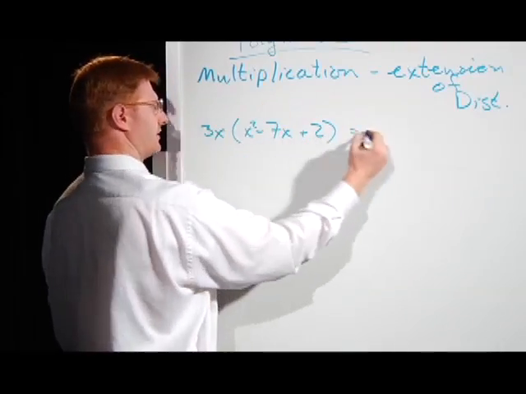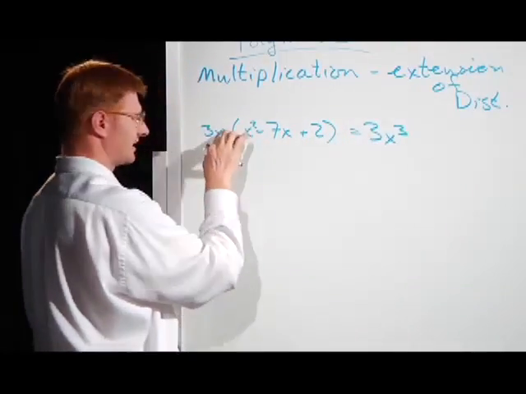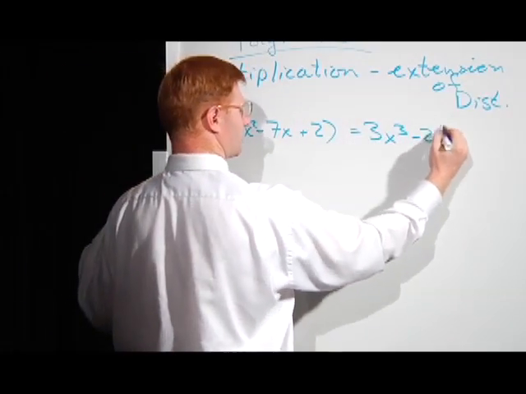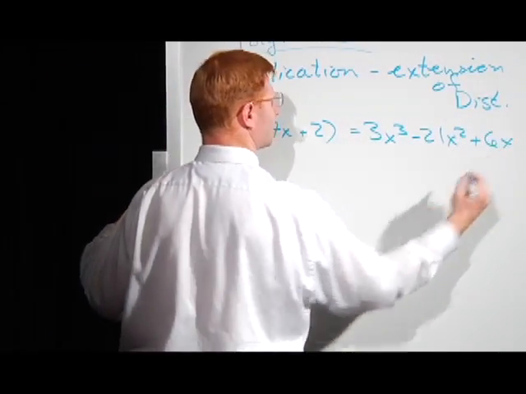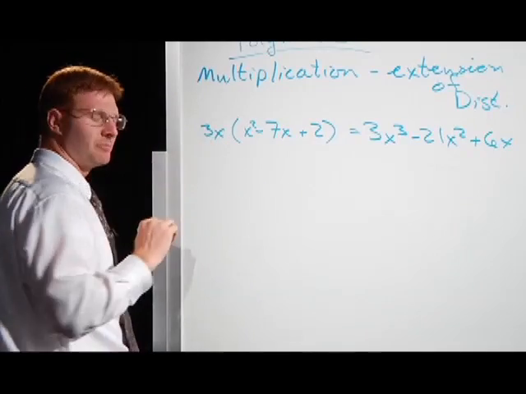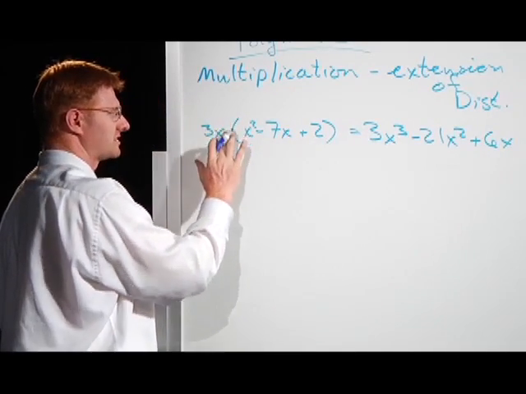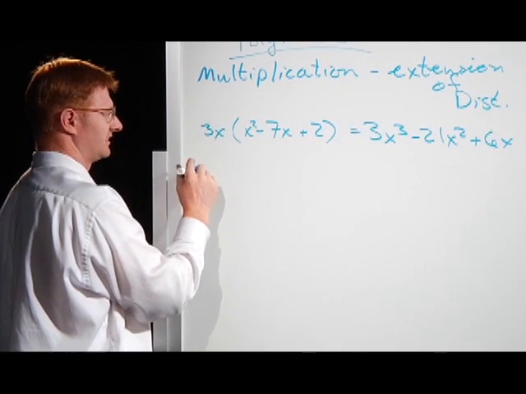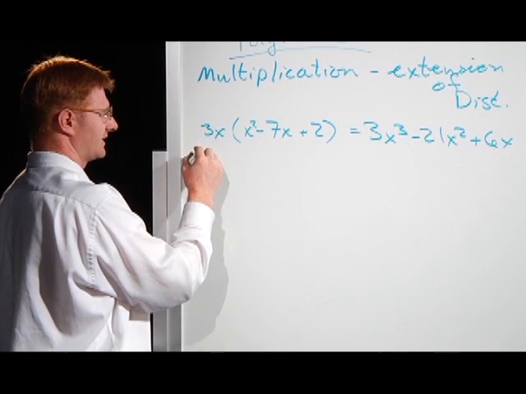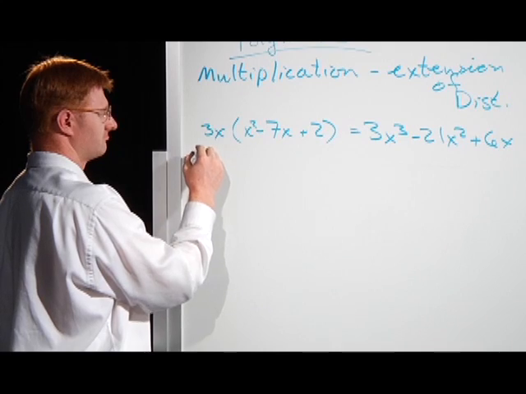They can do this without much of a problem. 3x cubed, again, you're adding exponents, minus 21x squared plus 6x. They're fine with that. I change this up a little bit. If they really understand the distributive property, it shouldn't matter what's in here at all, not even a little. So they could do something like a square.